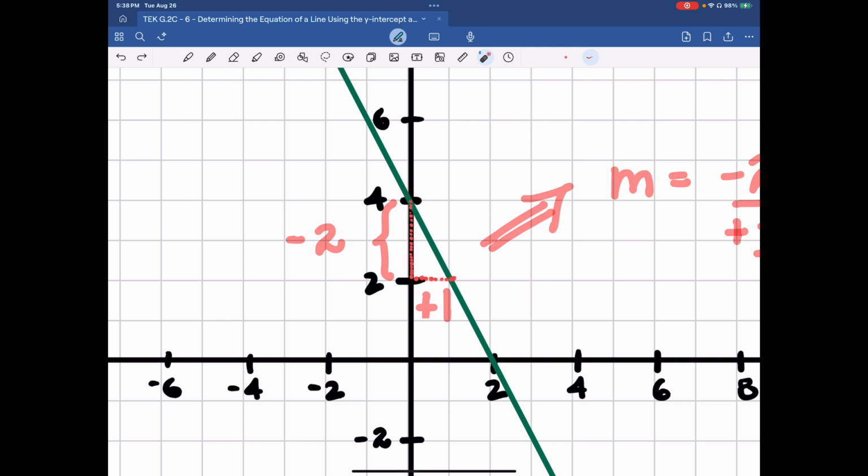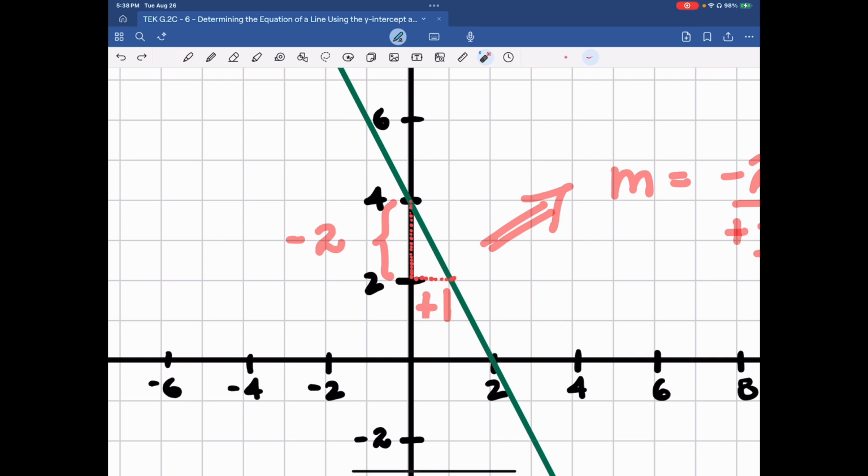So it's important to figure out where the graph goes through an intersection of the grid. Like right here, that intersection of the grid happens here, it happens here, it happens here.